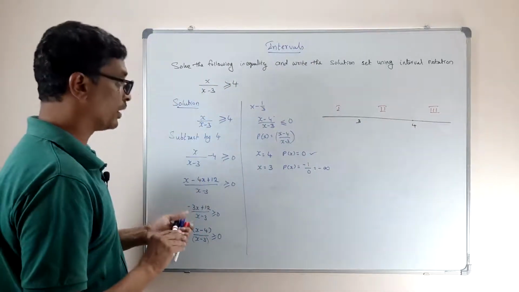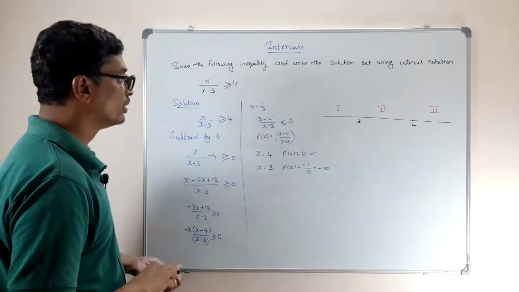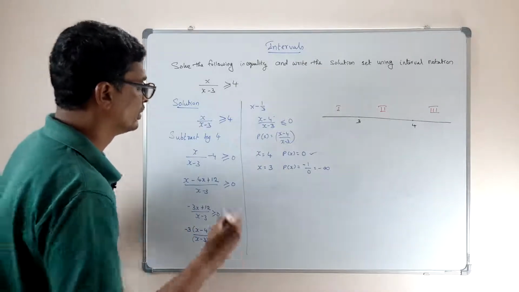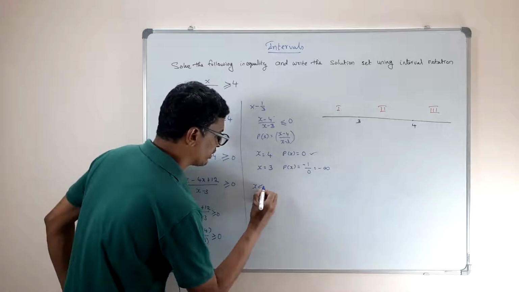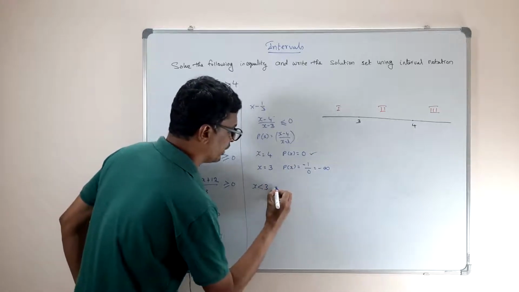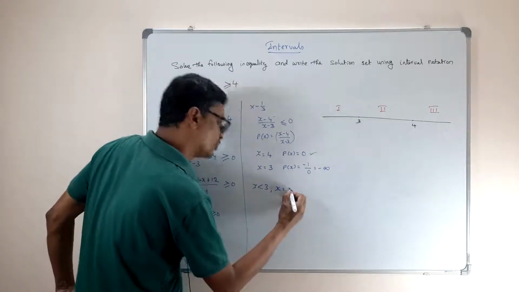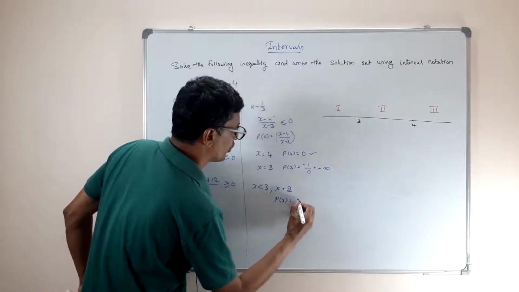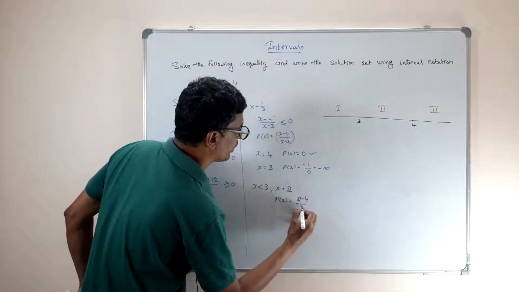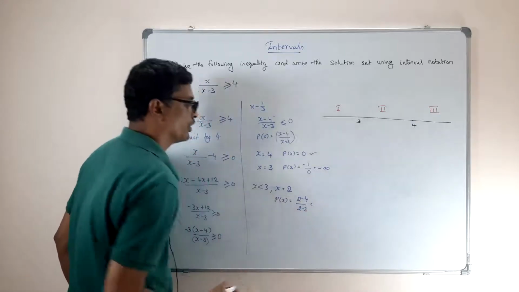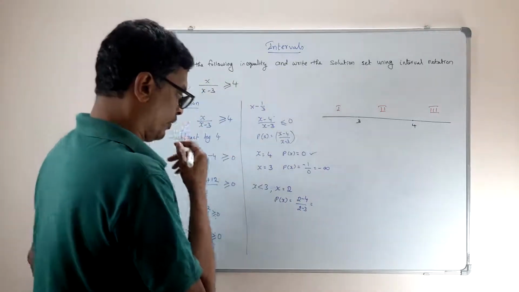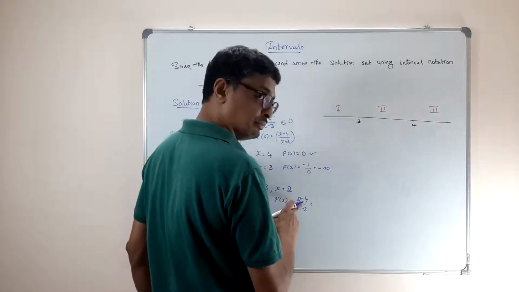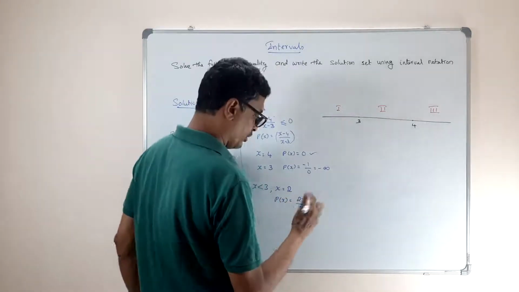So let us take region 1. What will be the region 1? x is less than 3. So let us take a value, x is equal to 2. What will be p of x? 2 minus 4 divided by 2 minus 3, that is minus 2 by minus 1, which is equal to 2.